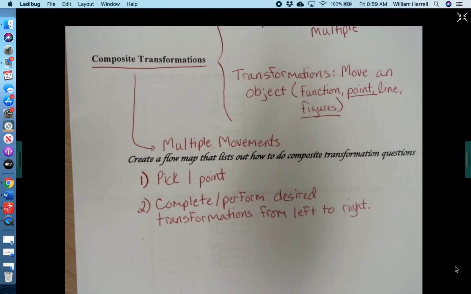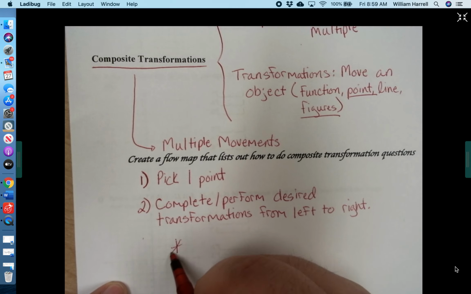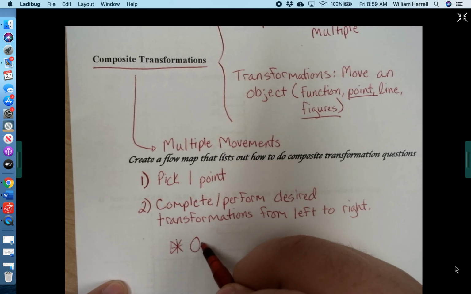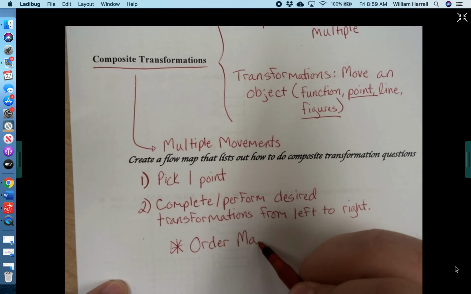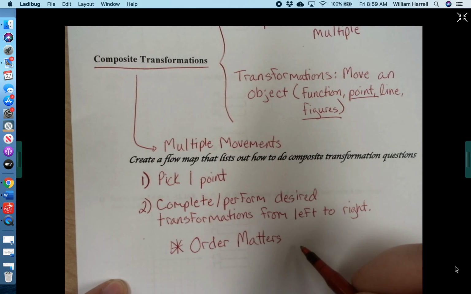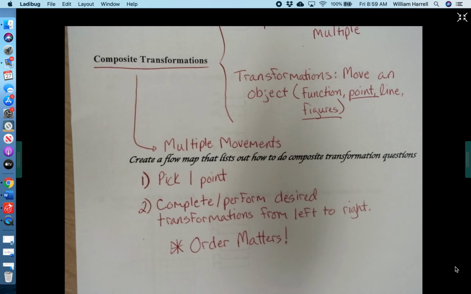All right. Big thing here is that order matters. If you don't remember anything else, order matters. What this means is if you have a composite transformation and you are asked to do a translation first, then a reflection, if you don't do translation, then reflection, you're going to get it wrong.